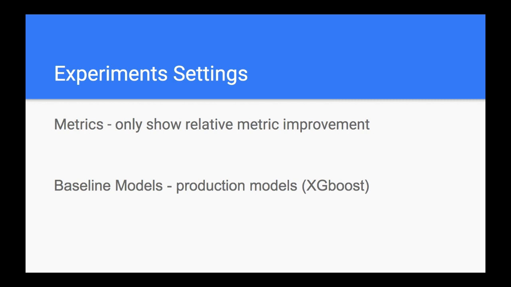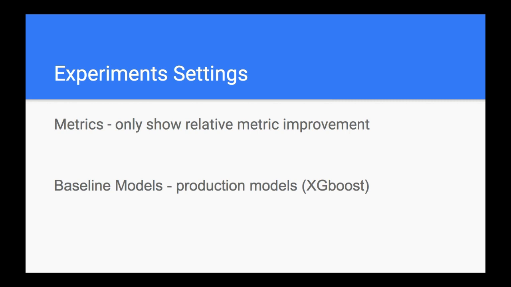And this is their experiment setup. They don't actually show the absolute accuracy, F1 score, that kind of thing, due to business reasons. They just cannot reveal that much. So they only show us the relative improvement, how many percent it improved compared to their baseline models.